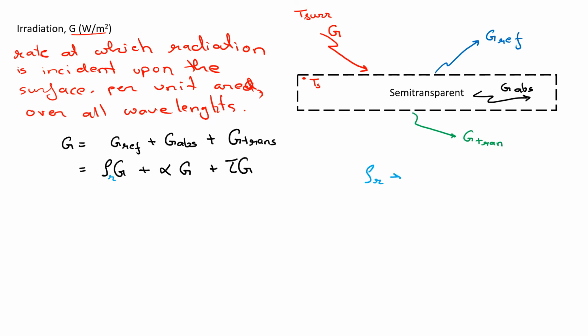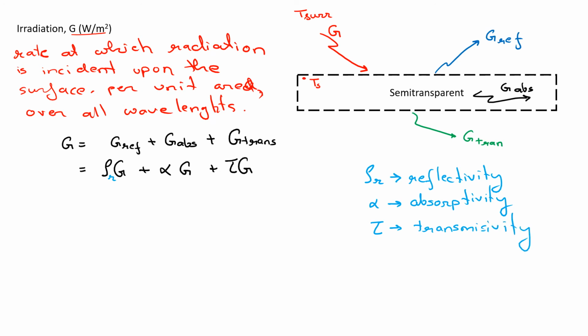So rho r is called reflectivity. Alpha is now called absorptivity, and tau is the transmissivity. And these depend on the property of the surface or the material that the irradiation is incident on, or the material which is irradiated.